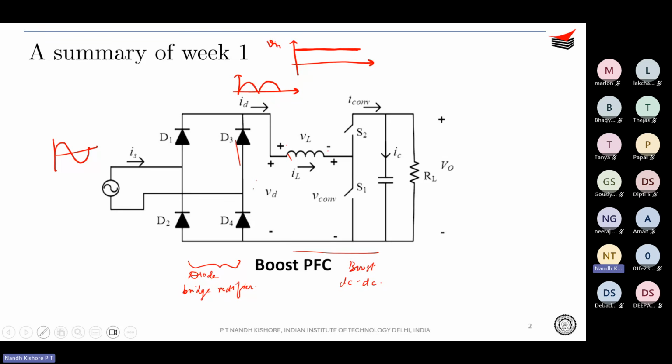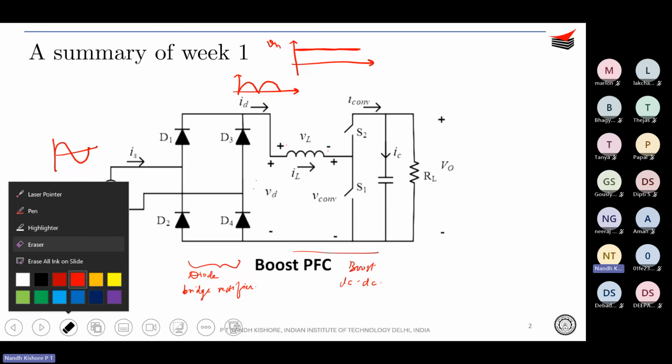It is still unipolar, that is, it has only one polarity. It doesn't oscillate between positive and negative, but the input voltage to your boost stage is essentially going to be a rectified sine wave, with two semicircles in one cycle.